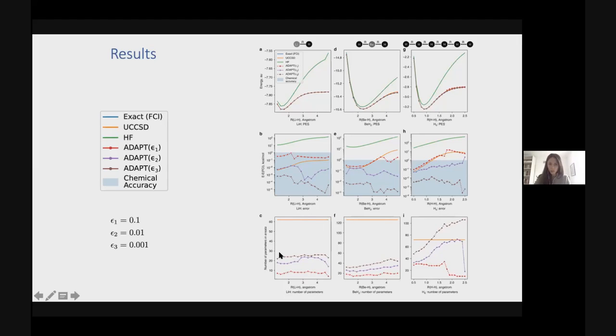But you see a very interesting feature here is that the ADAPT ansatz actually performs much better also in this criterion. So it almost always has much fewer parameters than what UCCSD has, except for the case here where you need more parameters, but this coincides actually with when UCCSD does not work very well. So here the extra parameters that ADAPT demands are needed to achieve convergence to the exact energy.